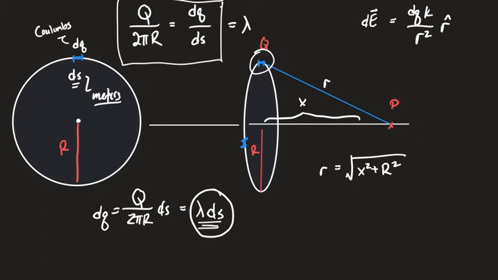The electric field isn't along X. The electric field is this way from that charge. That's a problem for us, isn't it? But is there symmetry? Yeah.